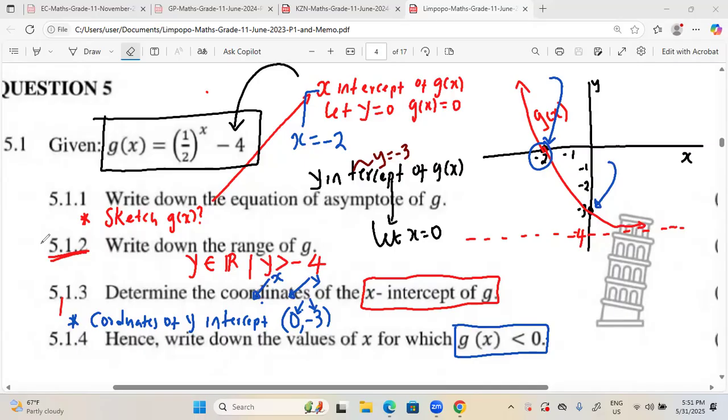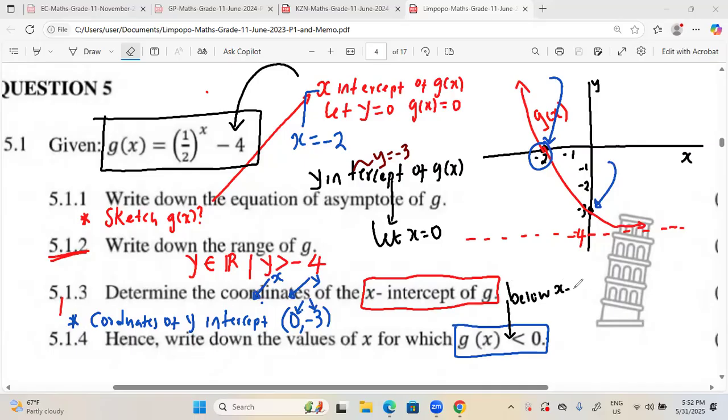Actually, guys, now I see it's very, very important to have a sketch of a graph. Some questions, when you answer them, you will need the graph so that you understand what is happening. They are looking where g of x is less than 0. And I will say g of x is less than 0 when it is below the x-axis.